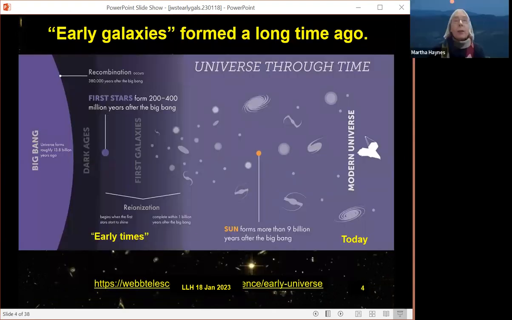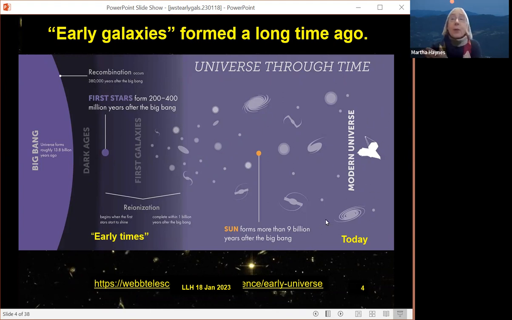First of all, early galaxies formed a long time ago. When we talk about early, we're referring to the time in the history of the universe where the universe began about 13.8 billion years ago, in an event that occurred everywhere in the universe, and that's what we call the Big Bang. And here is today, the modern universe.